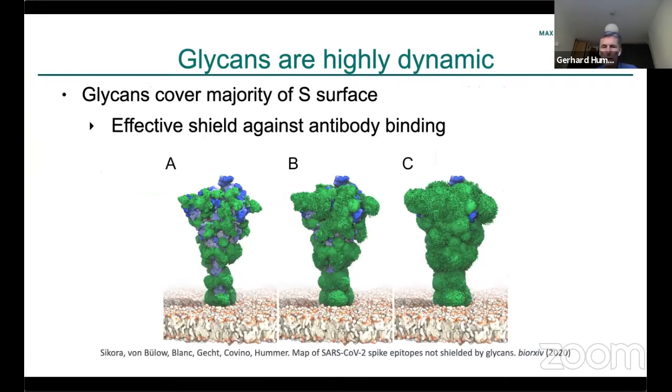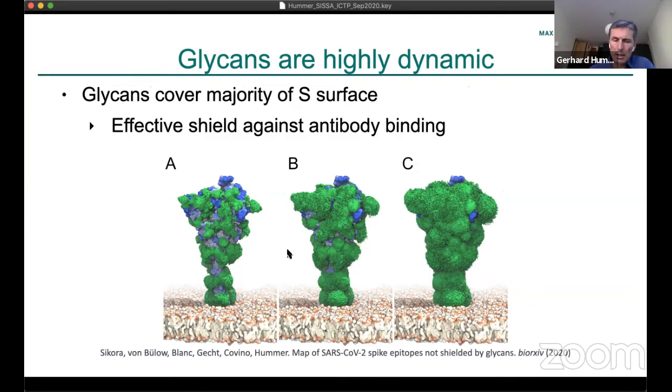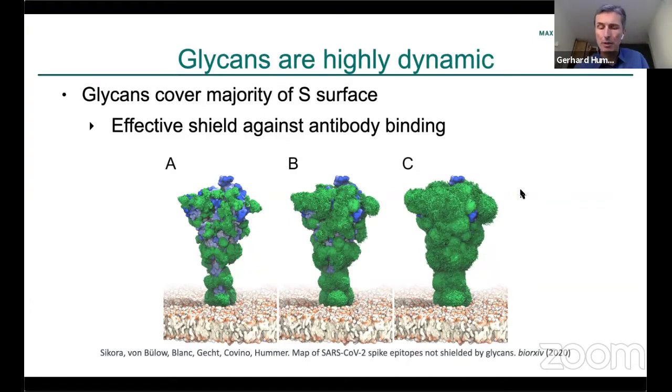And so here you see now what this does on the basis of the MD simulations. When we average the density of the glycans on the spike surface, plotted here in green, you can see that these large and very dynamic, very floppy sugar chains effectively mask almost the entire surface of the protein.